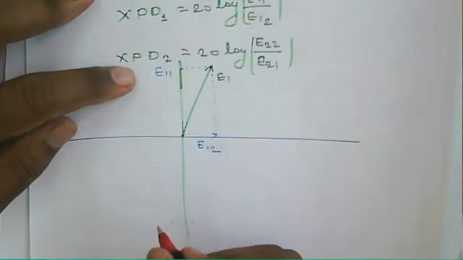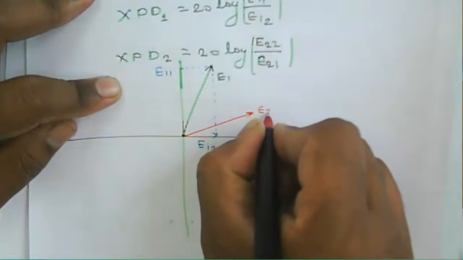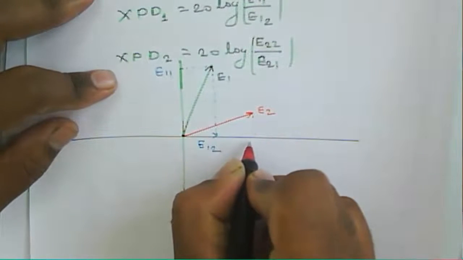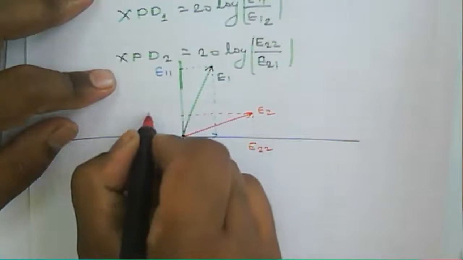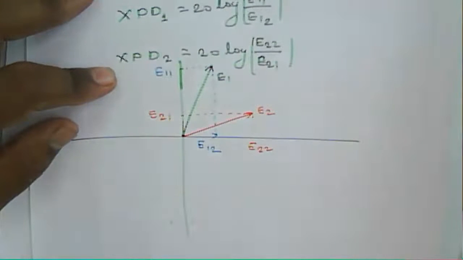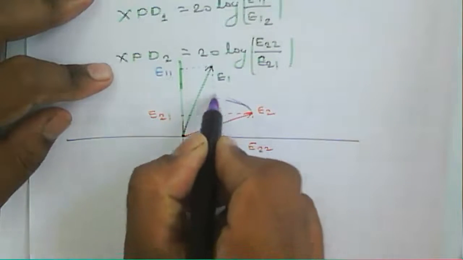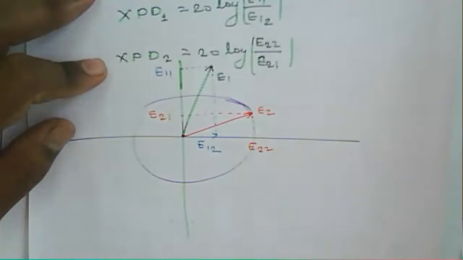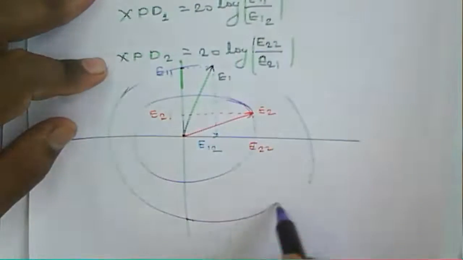Now for E2 we get a component E22 and the component E21. Means we can draw a circle for this particular component and another circle for the other component.